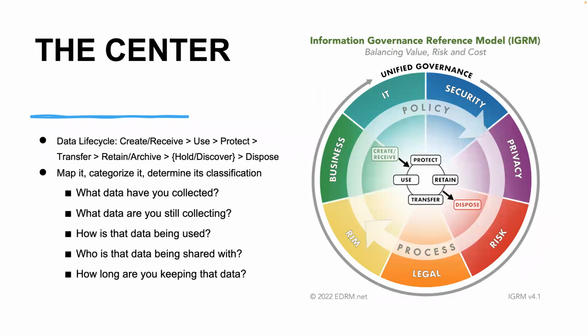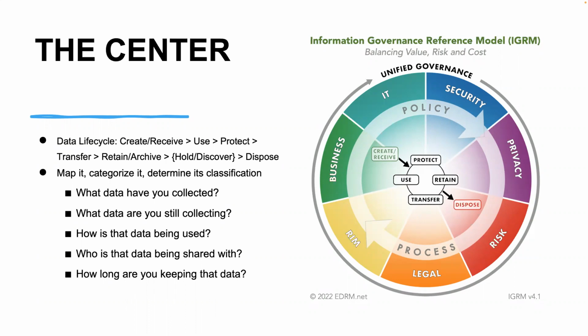In the middle ring, in the center, we have the data lifecycle, right? So this is the whole life cycle of the data, from creating it, protecting it, using it, sending the data elsewhere, and then finally disposing of it, getting rid of it.